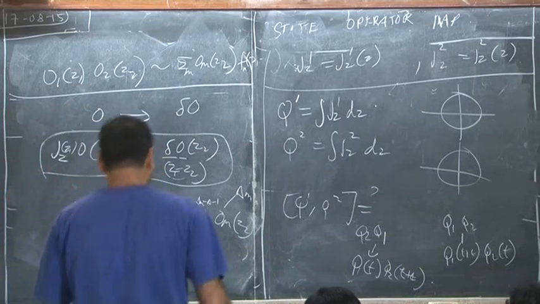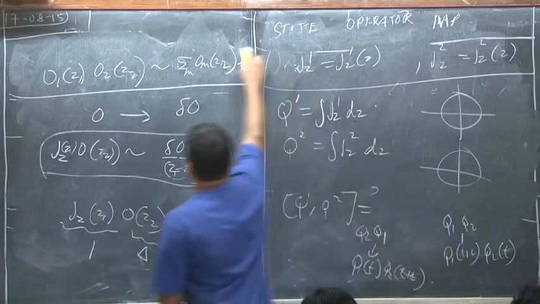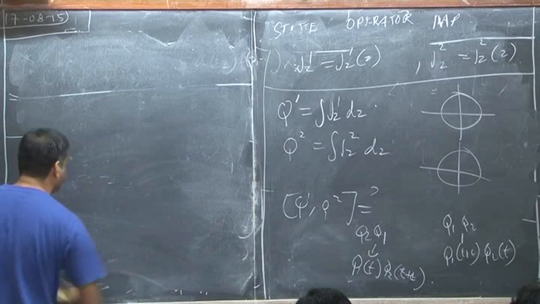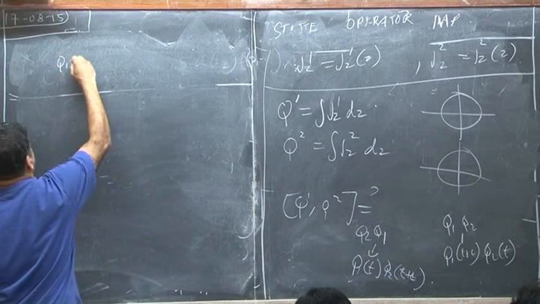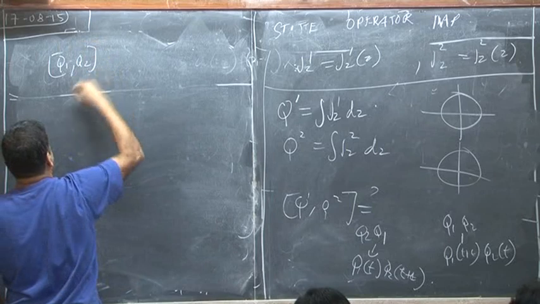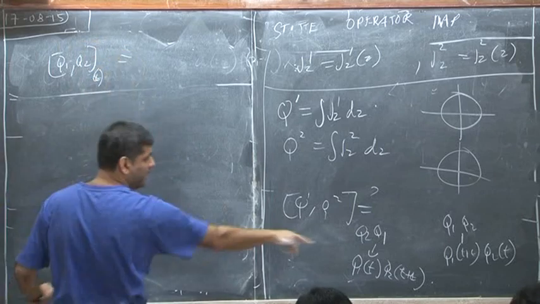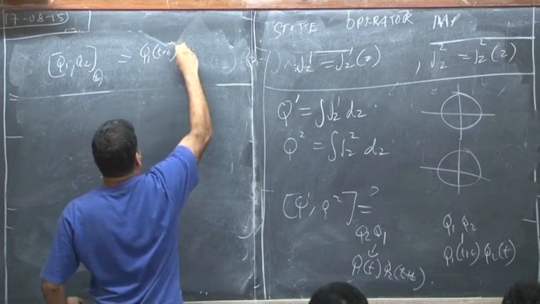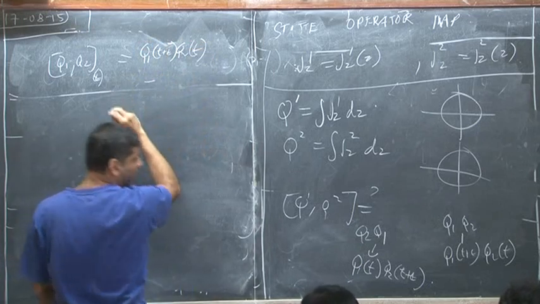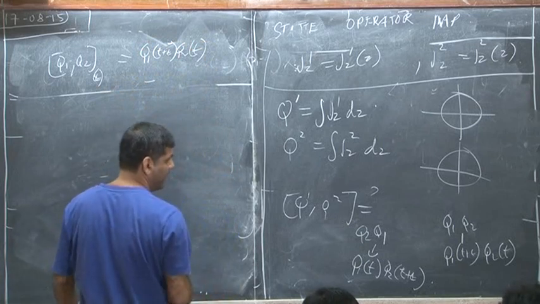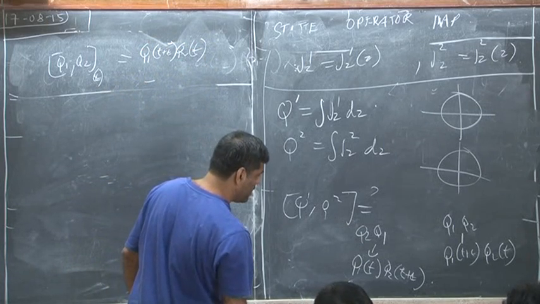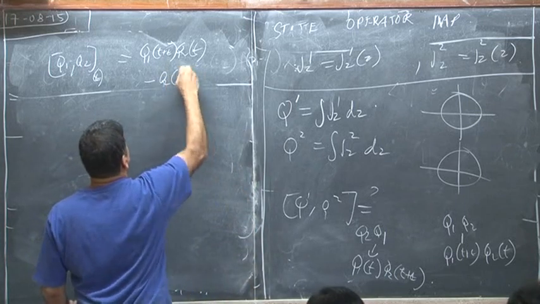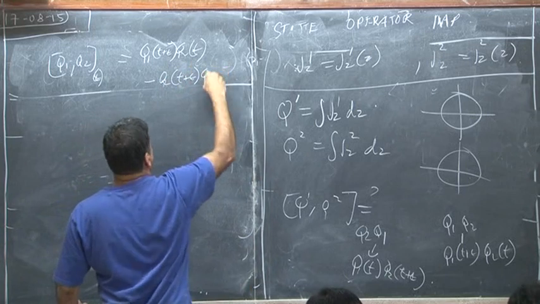So, it's a standard trick that if you want to compute commutators within a path integral, Q1, Q2 at time t, what you do is Q1 at time t plus epsilon, Q2 at time t, minus Q2 at t plus epsilon, Q1 at time t.